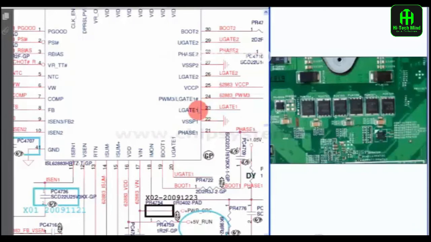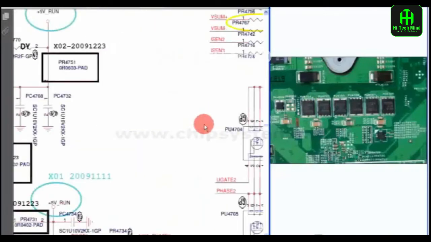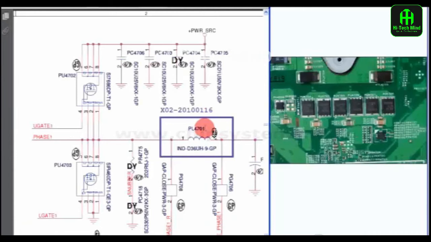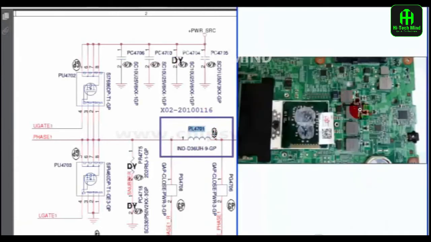This is the phase 1 drive output signal, U gate 1 and L gate 1, connecting to the MOSFETs. PU4702 is the upper MOSFET. This lower MOSFET PU4703 drain connects to the output voltage coil PL4701.